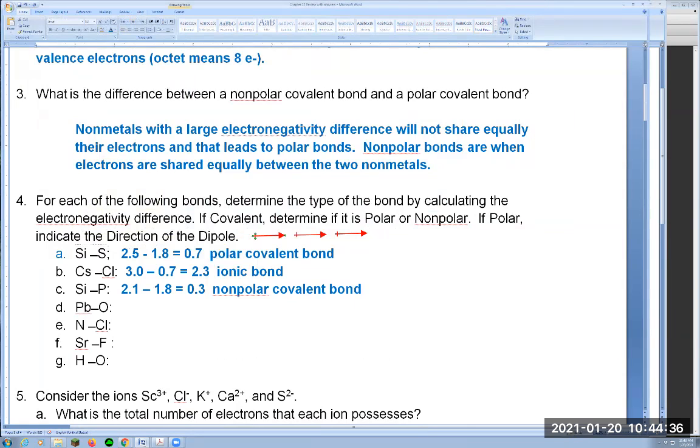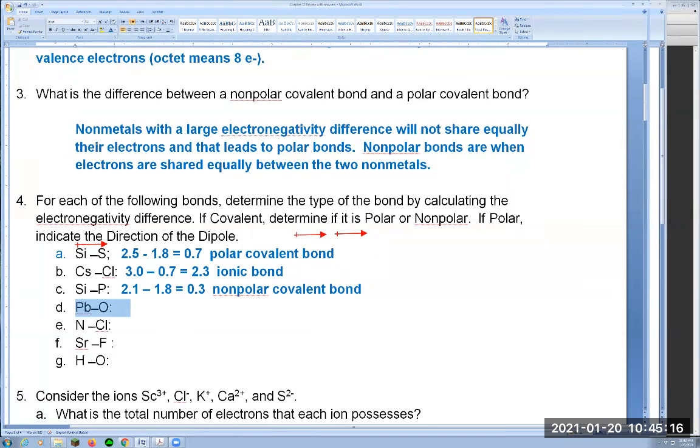You place the arrow above the bond with the positive end above silicon, because that's the one with the lower electronegativity. Sulfur has a higher value, 2.5, so the arrow points towards sulfur, showing the direction the electrons are attracted to. They are attracted more by sulfur than silicon, and it creates this polarity with delta plus on the silicon side and delta minus on the sulfur side.